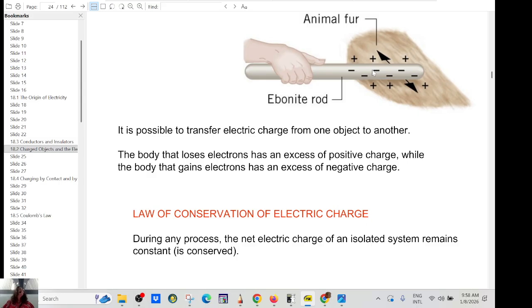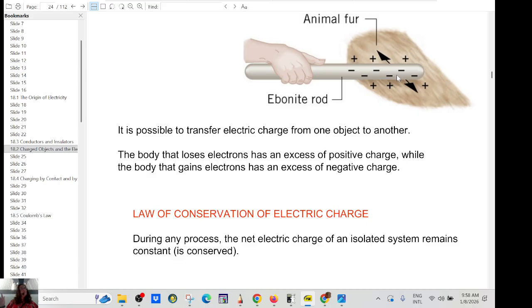Is that clear? Yes. What determines which one keeps the positive and which one keeps the negative? That's a very good question. There is an affinity hierarchy. For example, with fur and rubber, the rubber likes electrons more than fur. You can compare how tightly they hold on to their electrons. If you do silk and glass, the silk takes the electron.